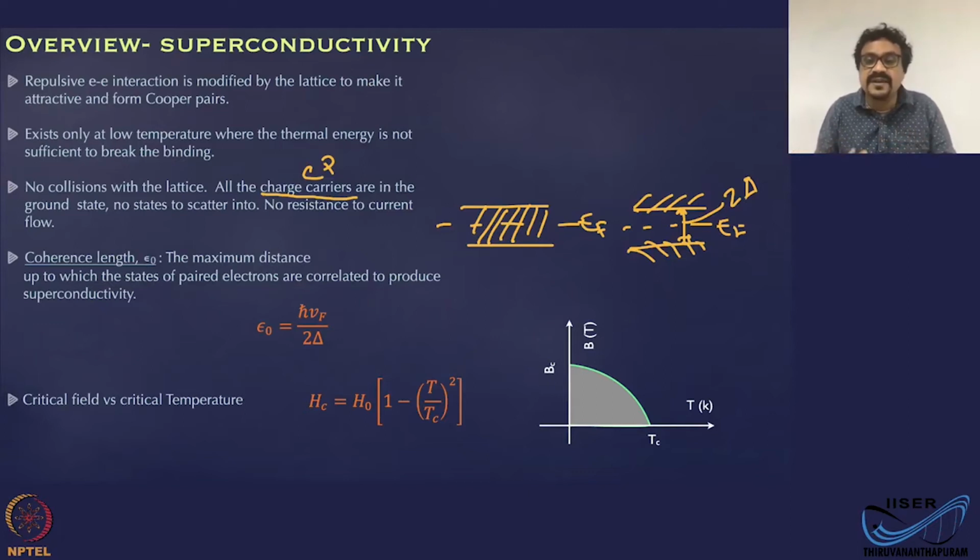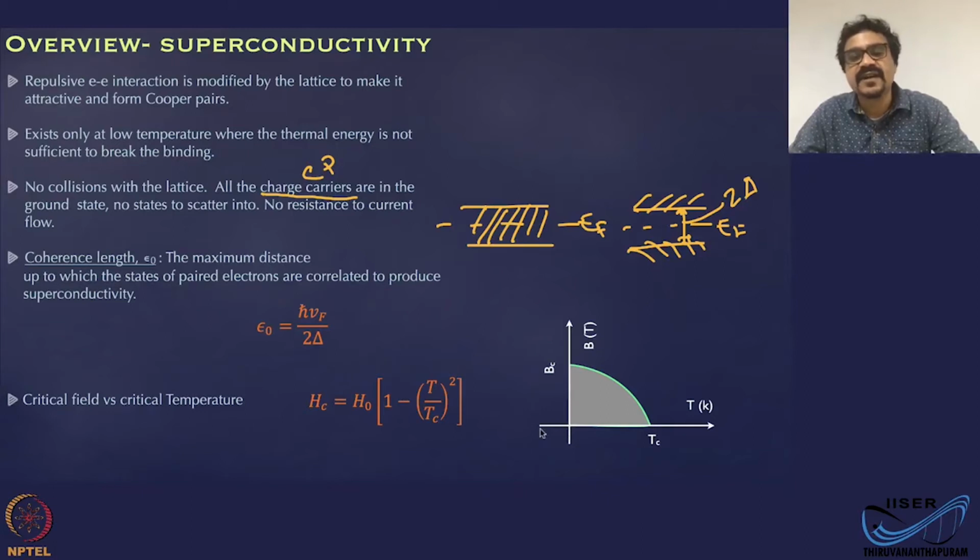But just before that, the application of a magnetic field is going to reduce the transition temperature. What happens is, when you apply a magnetic field at the value BC, which is called the critical field, then the superconductor becomes normal. It will be a normal material or normal metal.